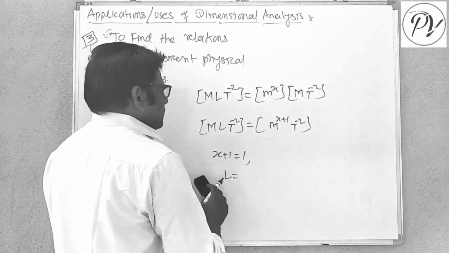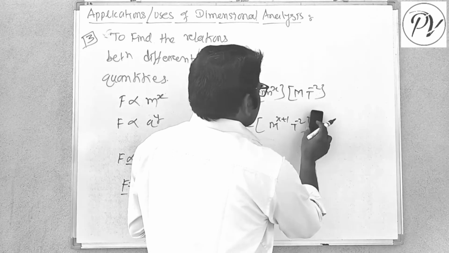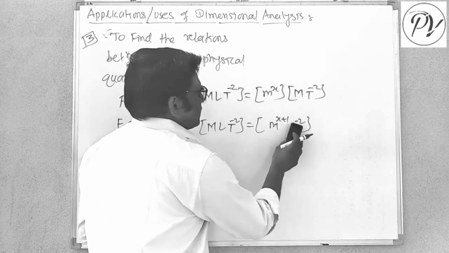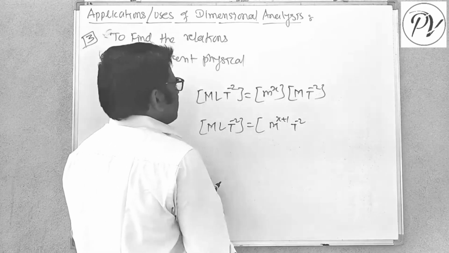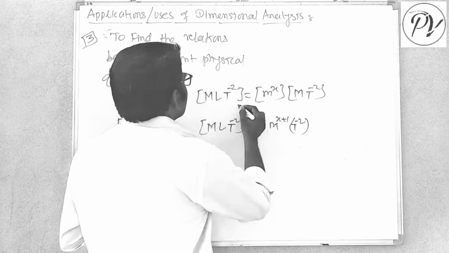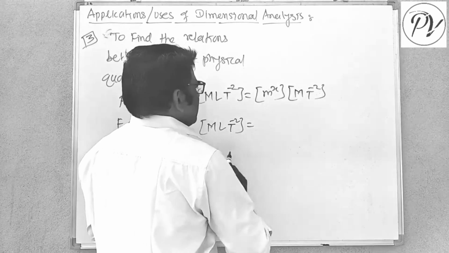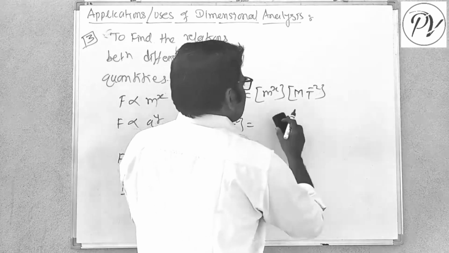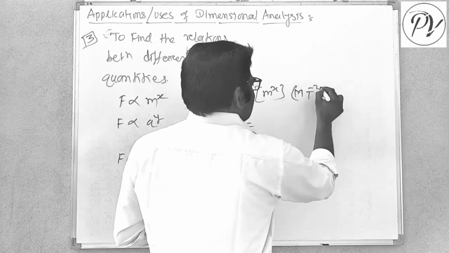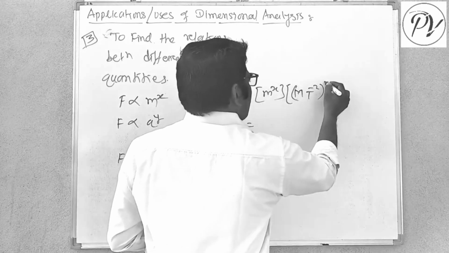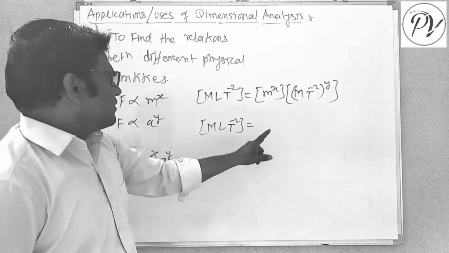Here y is there, no? Look. T to the power minus 2 into its power should be y. M is raised to x. Here its power should be y: M to the power x, a to the power y.